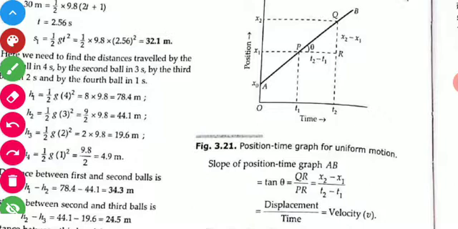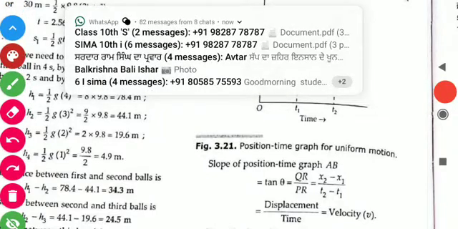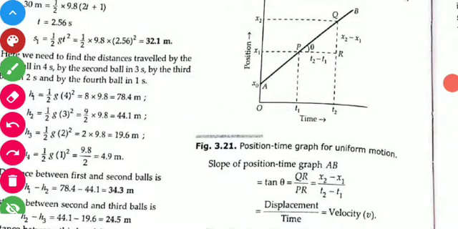So what is x2 minus x1? It is basically displacement. When the time was t1, the object was at position x1, and when the time is t2, the object changes its position and reaches x2.